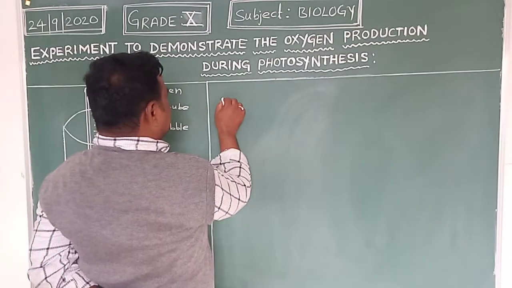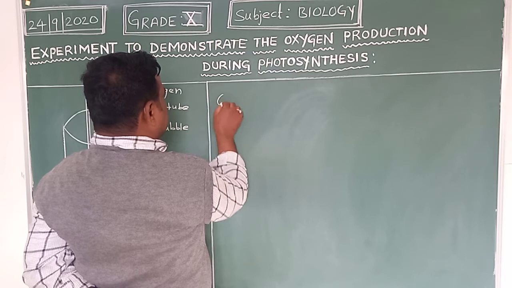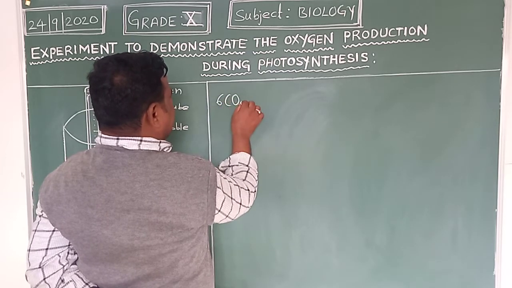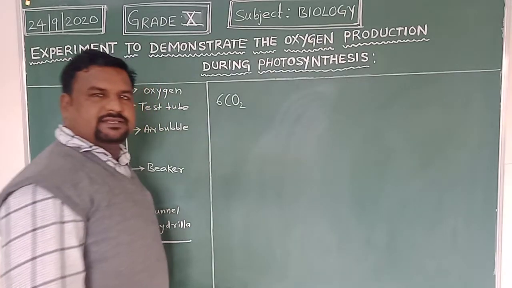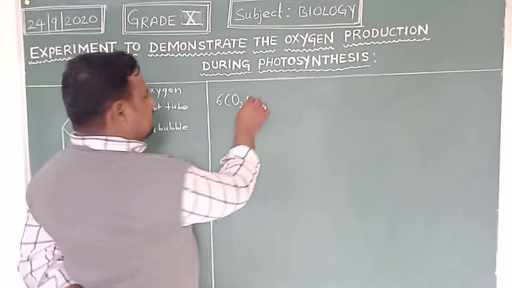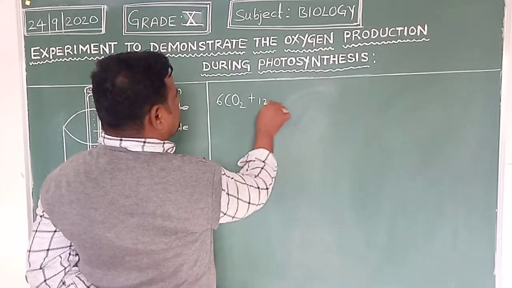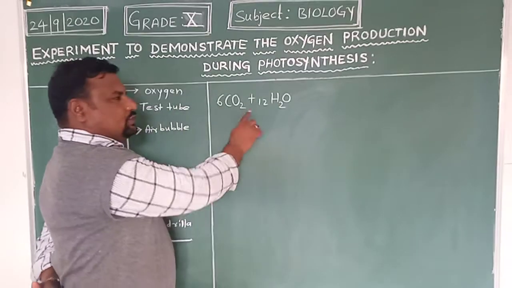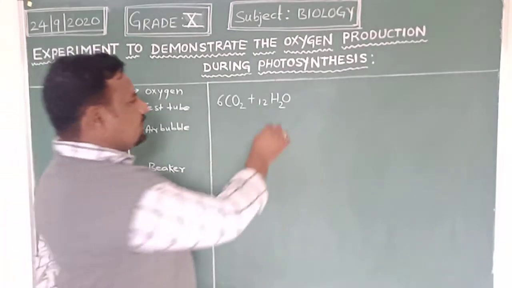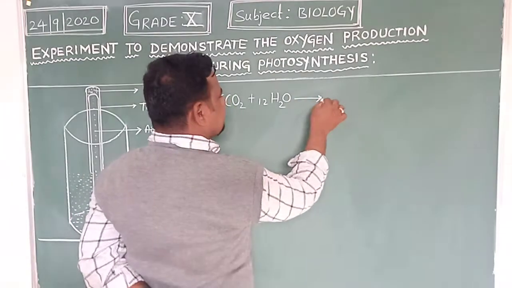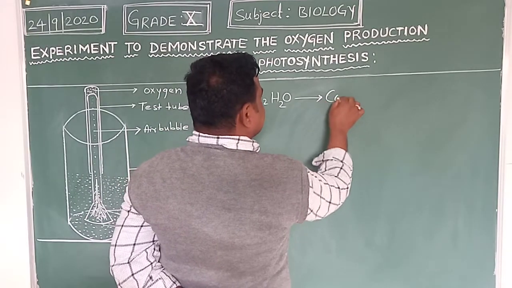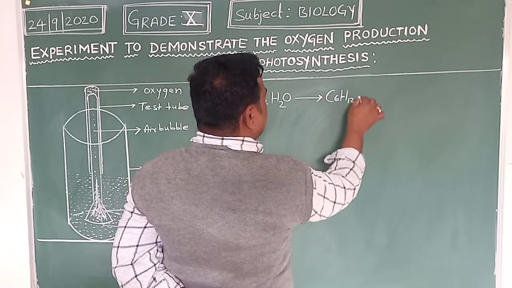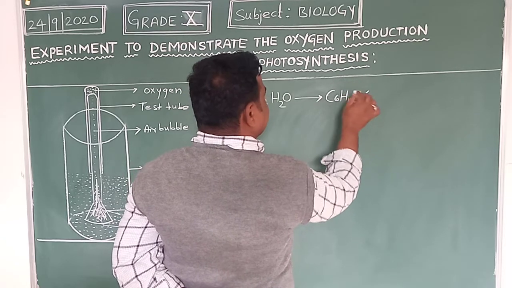Now, see, this is the chemical equation: 6 carbon dioxide molecules plus 12 water molecules, 6CO2 plus 12H2O, gives rise to C6H12O6.